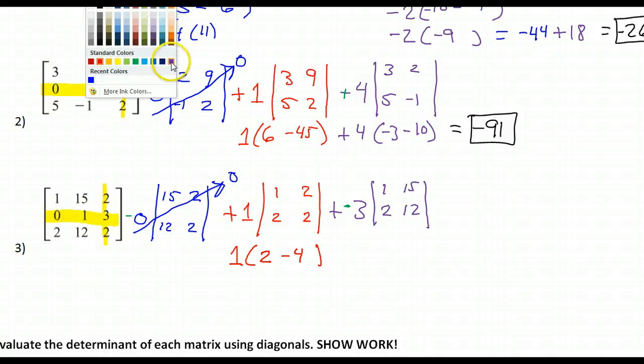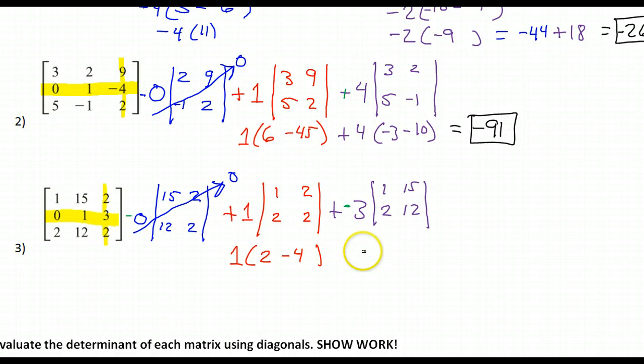Okay, and then meanwhile over here, I could put plus -3, or I could just put -3, which is better. And again, I'm doing the determinant, so down diagonal minus up diagonal. So 12 minus 30.